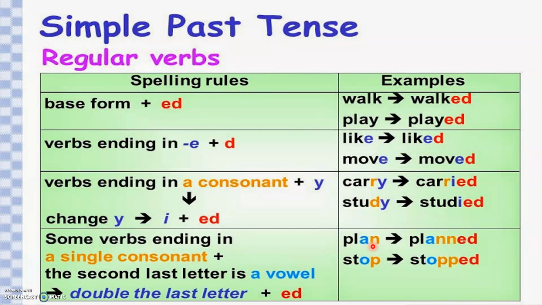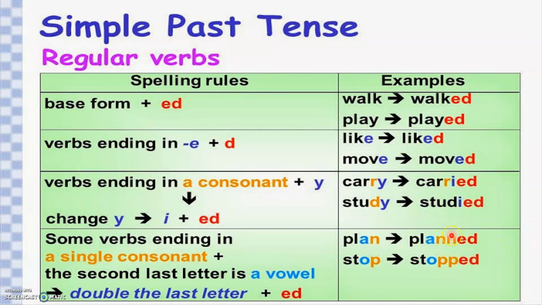So if the verb ends with the CVC pattern, now L is a consonant, A is a vowel, N is a consonant. So plan ends with the CVC pattern: consonant, vowel, consonant. If I want to change this verb into the past tense, usually we double the last consonant, so it will be planned.